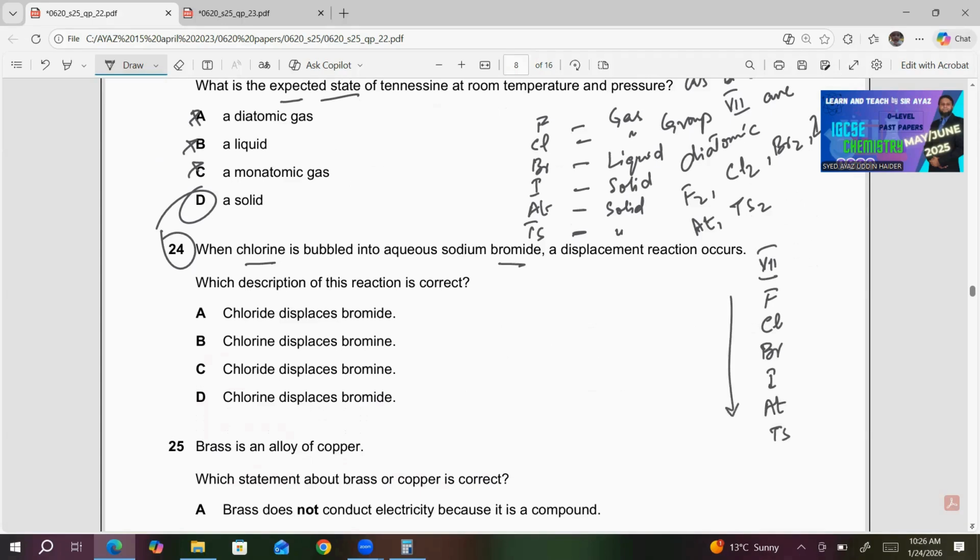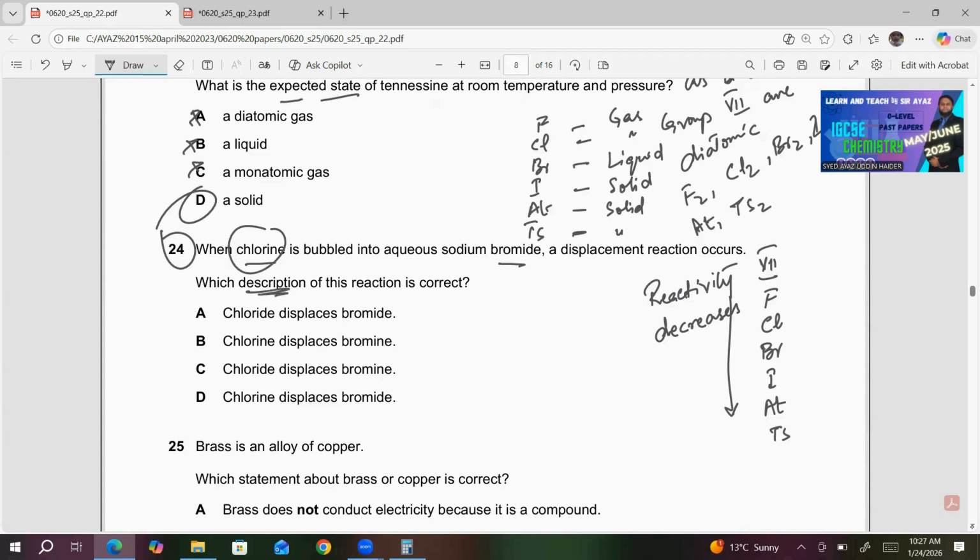The reactivity decreases as you go down the group, which means that the element below will be displaced from its compound by the element above it. So chlorine can displace bromine from sodium bromide.